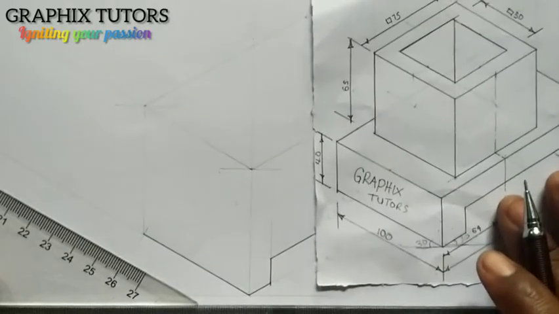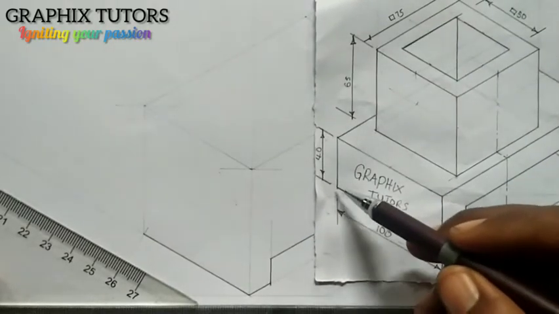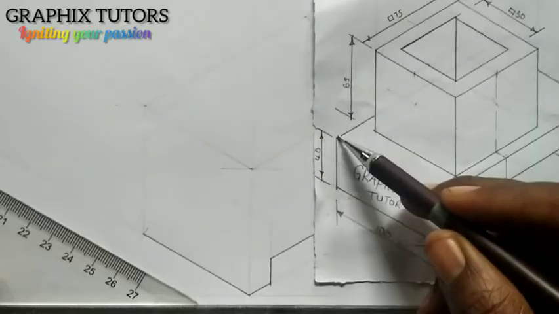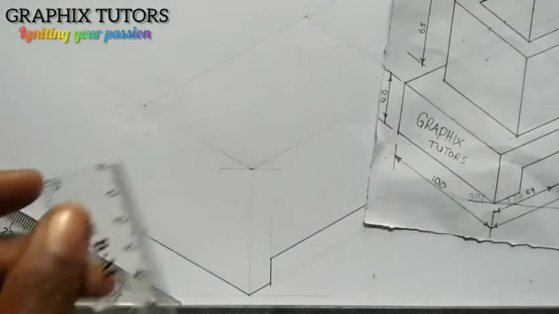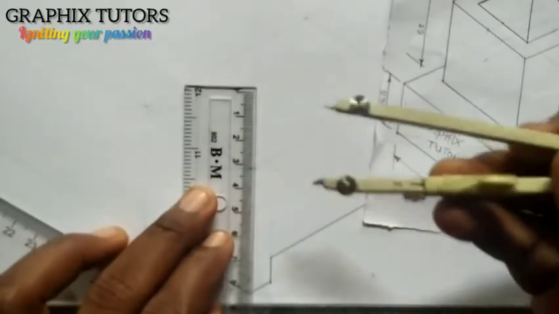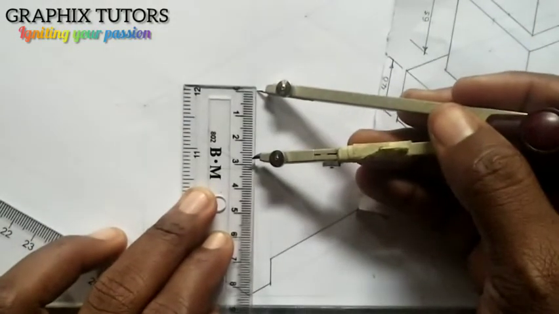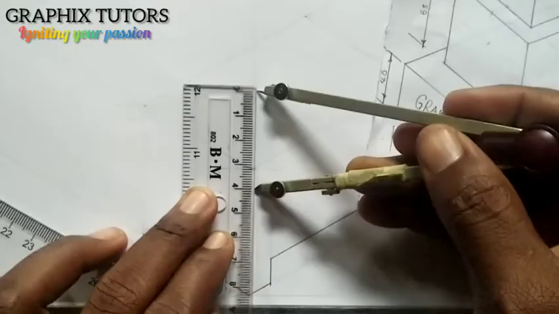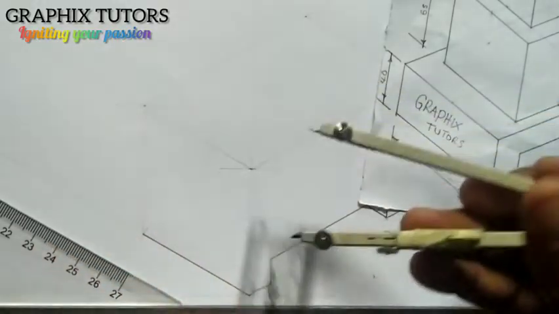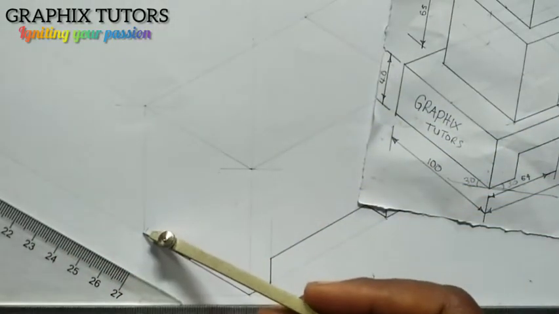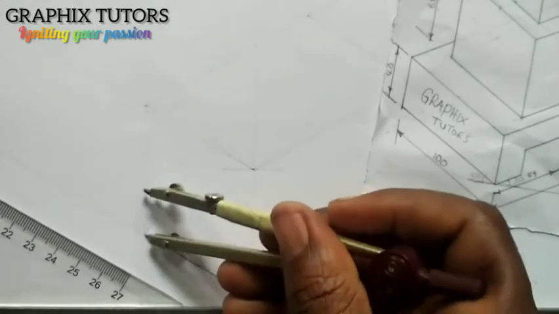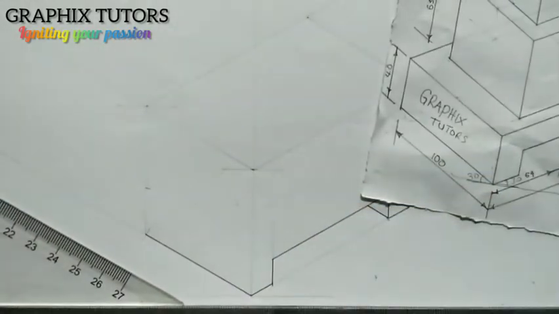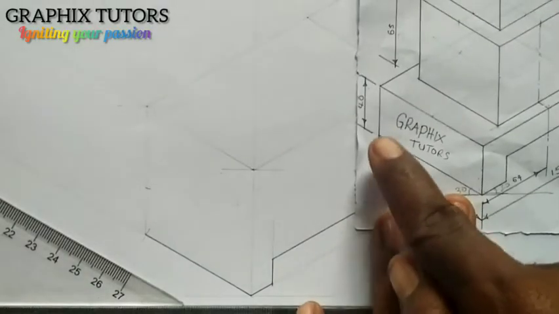Now if you look at this, from this ending point to this top here is 40. So I'm going to measure 40 on my meter rule. So from here to here is 40, right? And I'll place it here and mark my 40 at this point here, right? Which is this point here, seen here.